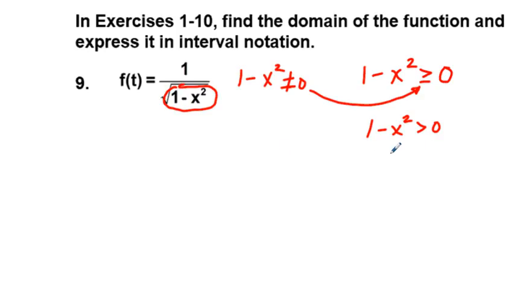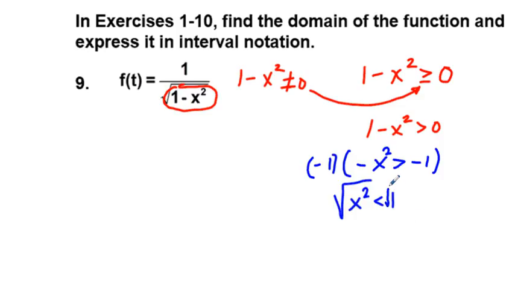Subtracting 1, we have negative x squared is greater than negative 1. Multiplying this whole inequality by negative 1, we have to change the direction of the inequality, so x squared is less than 1. And taking the square root of both sides, we have x is less than plus or minus 1.